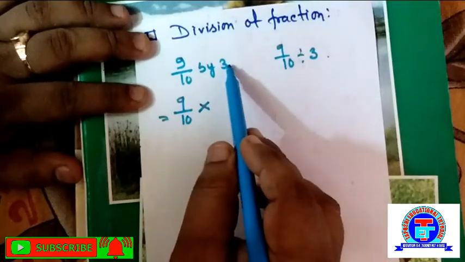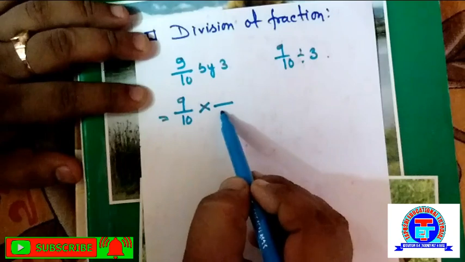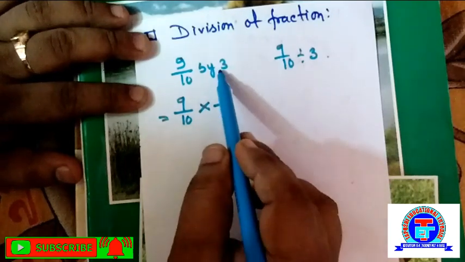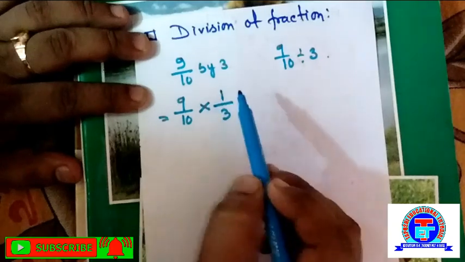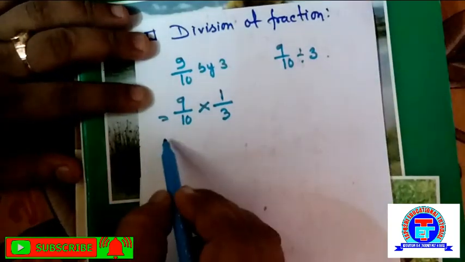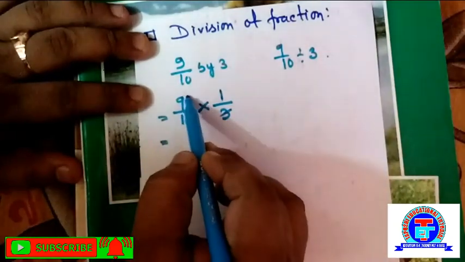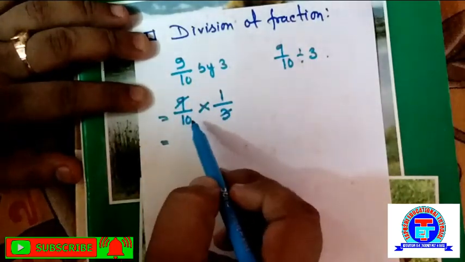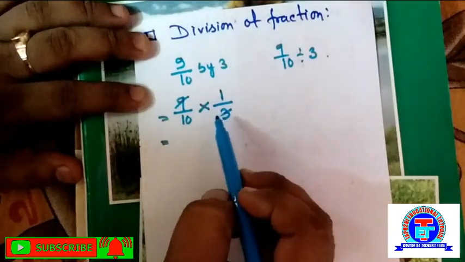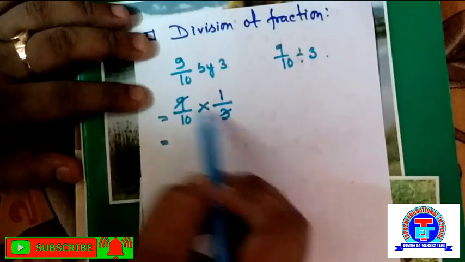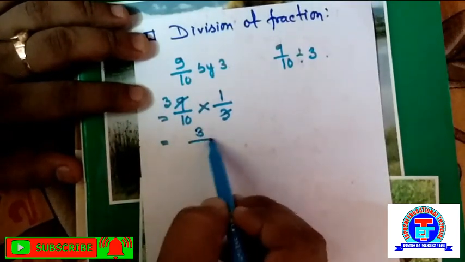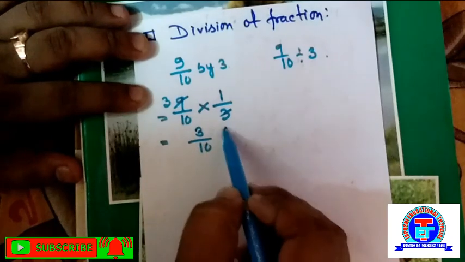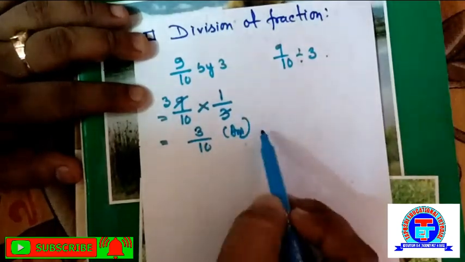So this one numerator, it will become the denominator, and nothing is there, that means 1 is there, so 1 became the numerator, right? So here we write this one became convert to the multiplication of fraction, as you already learned the multiplication of fraction. So here 3 3 is 9, so this one became 3 by 10. This is the answer, right?